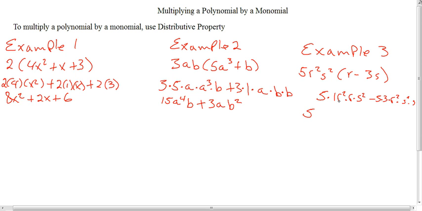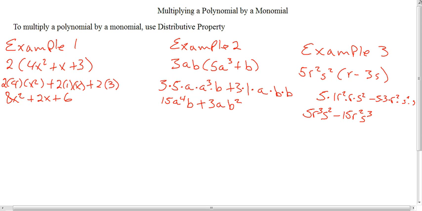and notice we have r squared times r to the first, so that's going to be r to the 1 plus 2, which is 3, s squared, so we just bring our s squared here, minus, then we have 5 times 3, which is 15, and r squared. Now we have s times s squared, which is s to the 2 plus 1, which is s to the third.